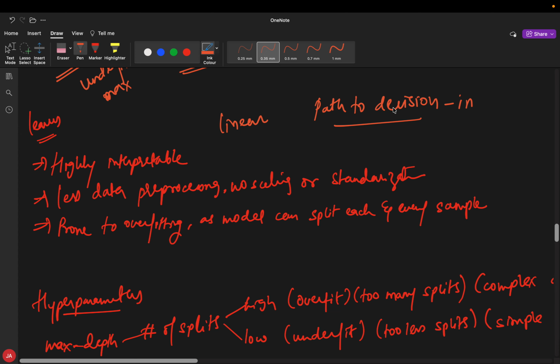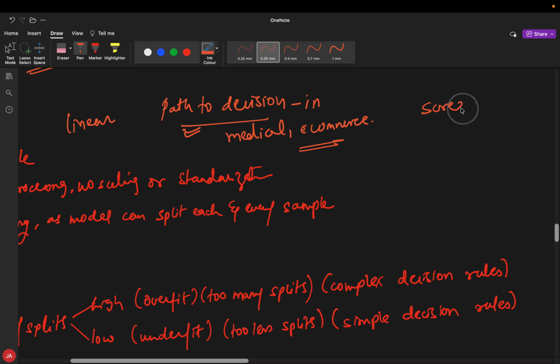So what led to the decision can be interpreted, which is very useful for medical use cases or e-commerce. Any use case we can take where interpretability is a concern, we can use the decision tree.